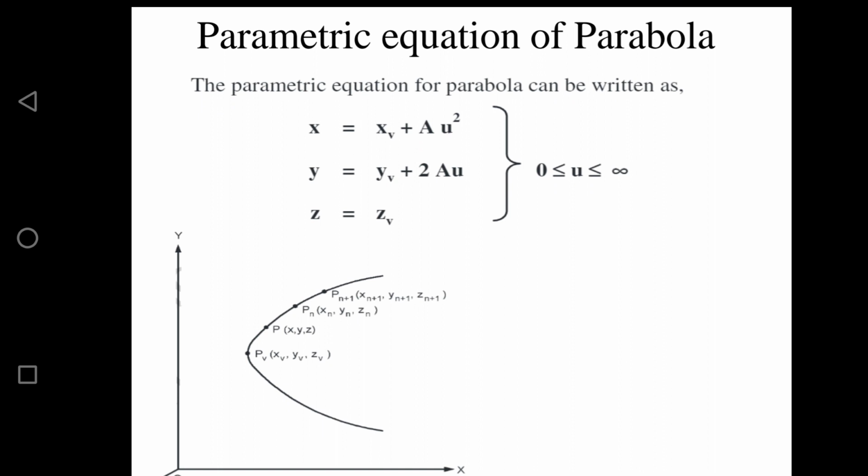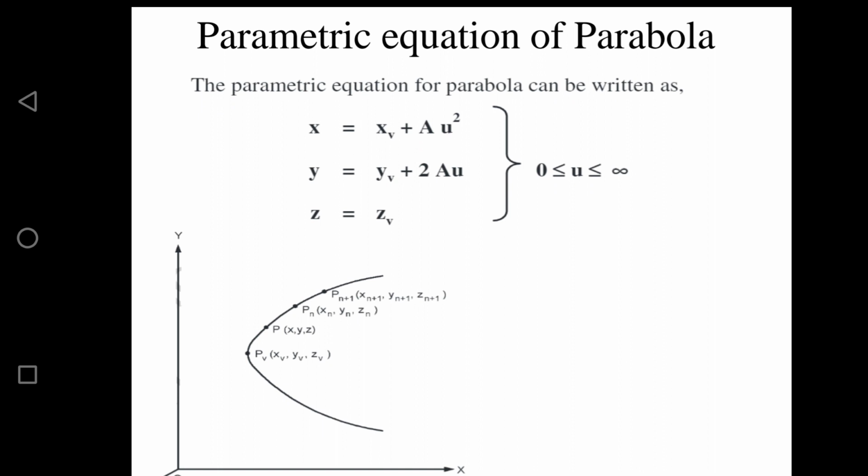I wanted to find the parametric equation of any point on the parabola, so I considered a point P with coordinates X, Y, and Z. One extra term added here is A, which is the distance between the vertex point and the point of contact of the axis of symmetry and the directrix.